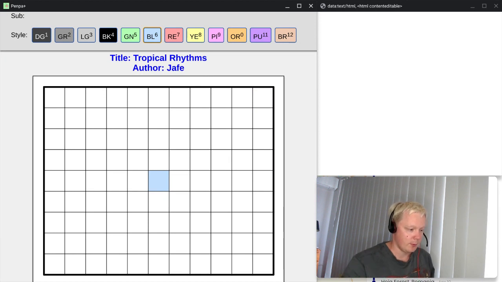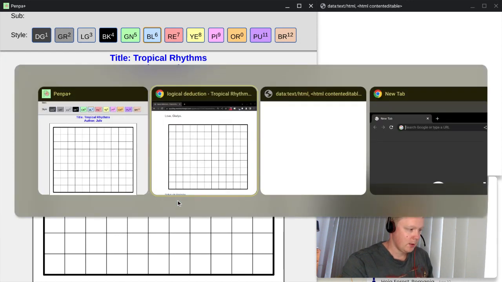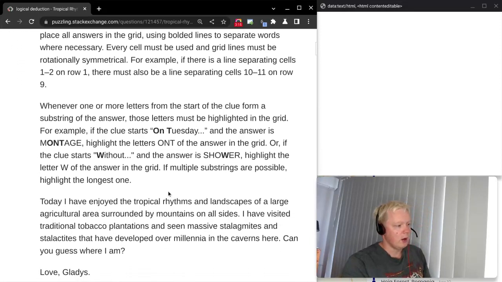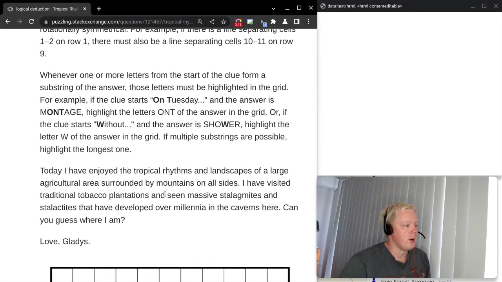Let's read the rest of the preamble and then try to figure out what to do here. Whenever one or more letters from the start of the clue form a substring of the answer, those letters must be highlighted in the grid. For example, if the clue starts on Tuesday and the answer is montage, highlight the letters O and T of the answer in the grid.